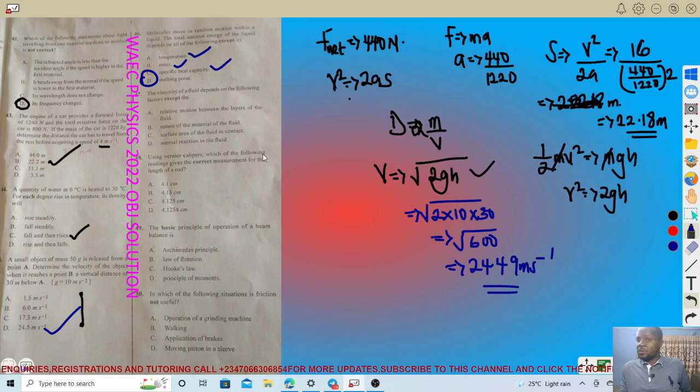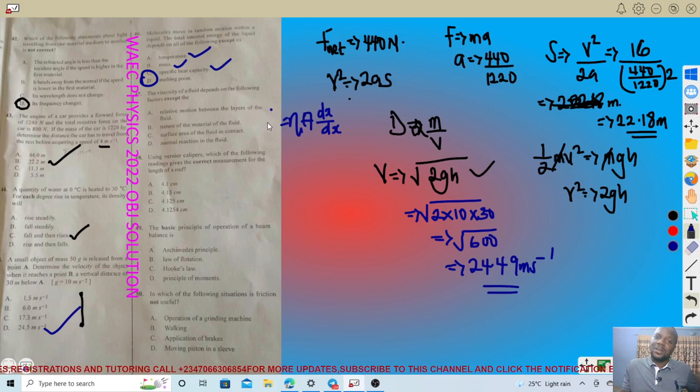The next one, because of time, I have to be fast. Question 47 says the viscosity of fluid depends on the following, except. Viscosity is the opposite of friction. The factors that affect viscosity, you can watch in my concept video on my physics channel. We have area exposed, we have temperature gradient, dy by dt, and we have eta, also called the coefficient of viscosity.